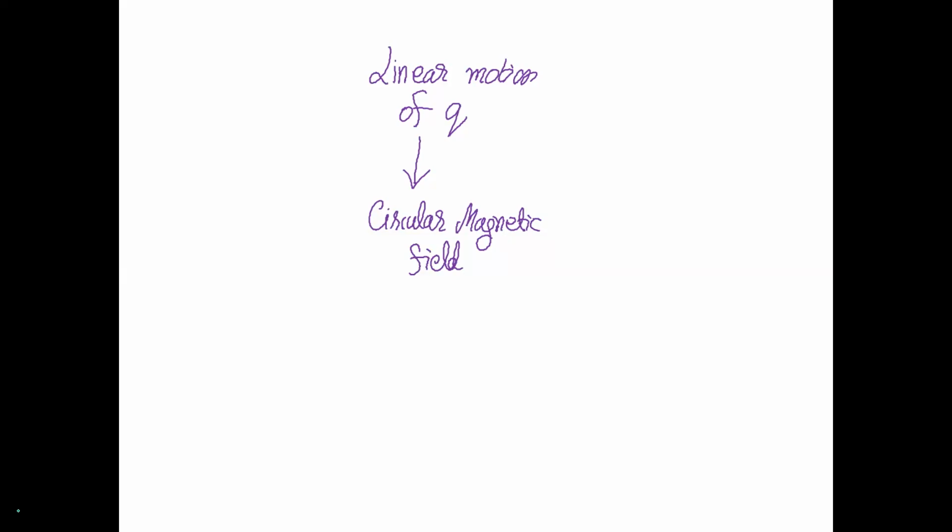When the charged particle moves in a straight line, linear, the magnetic field will be circular. You have to copy this.